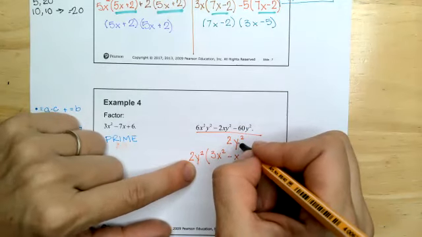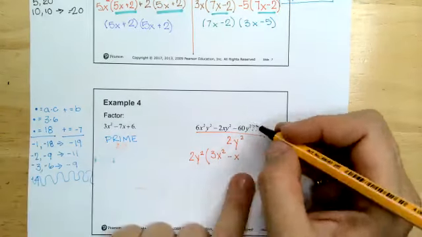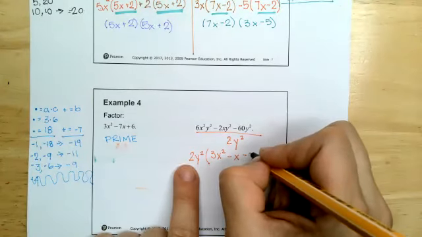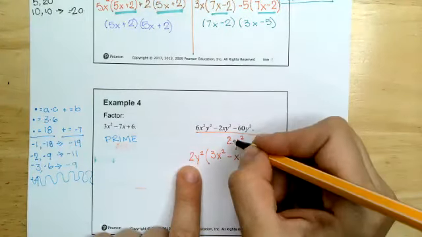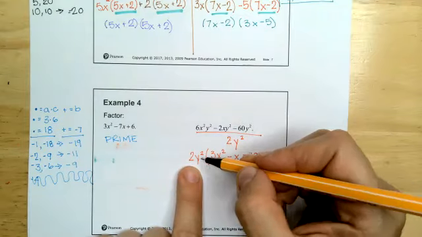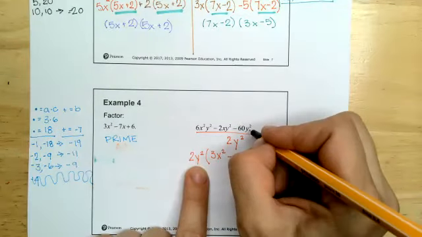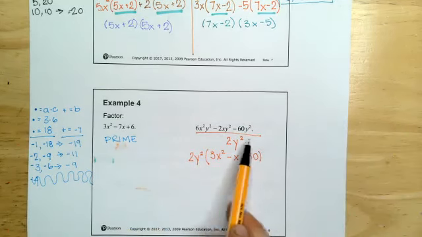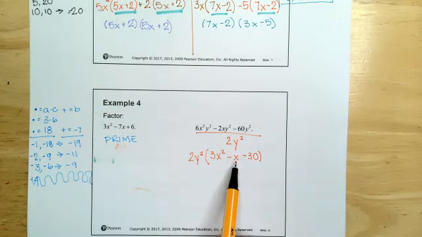The y squared divided by the y squared cancels it out. On to the next one. Negative 60 divided by 2 is a negative 30. I'm switching between pointing at this 2 or this 2. They're the same. Y squared divided by y squared cancels out the y's. So this all becomes 3x squared minus x minus 30.